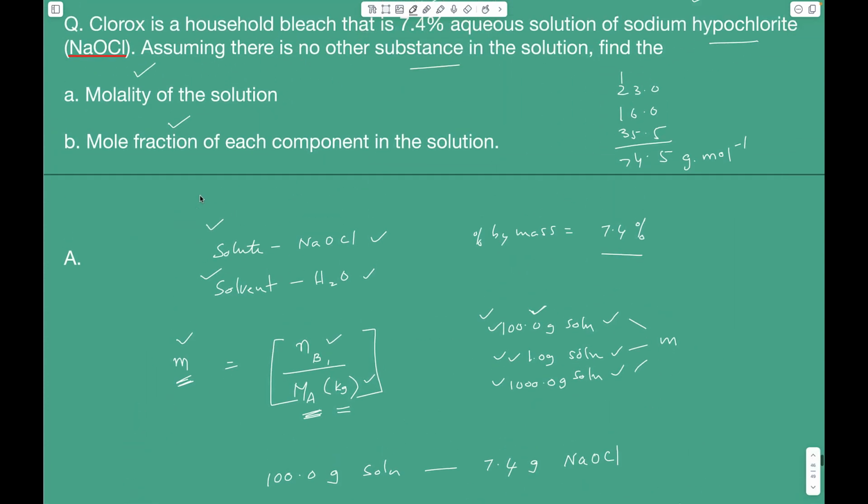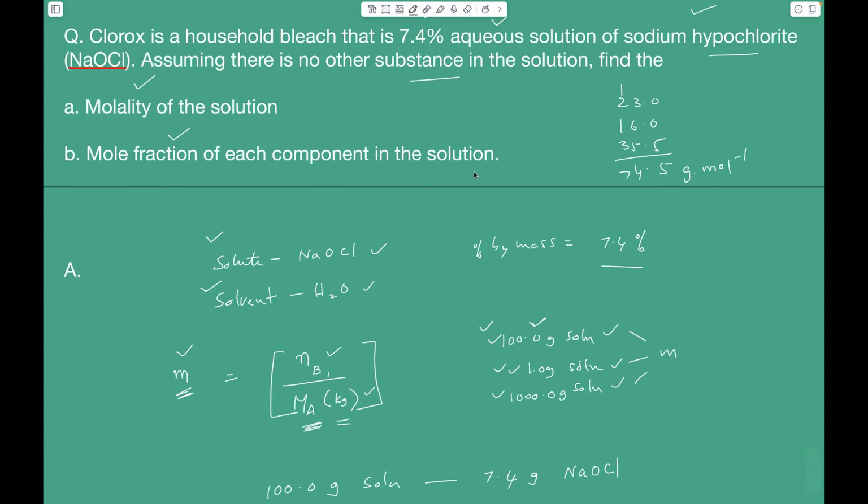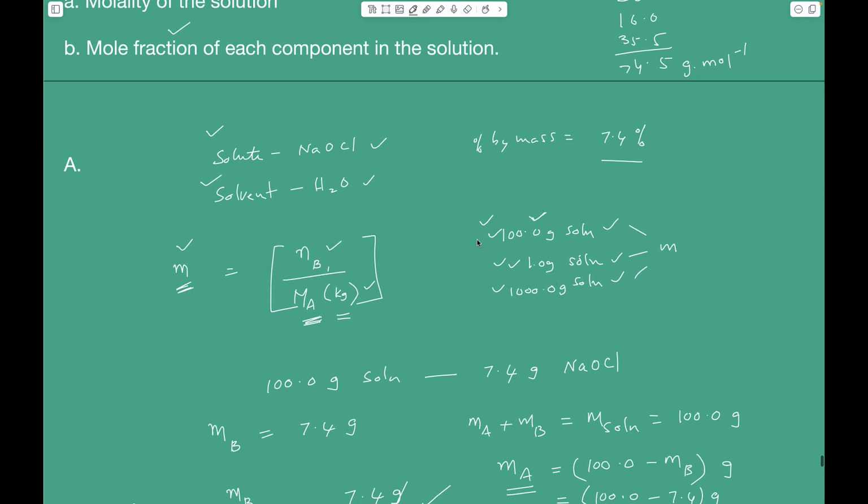Now what about mole fraction of each component in the solution, that is mole fraction of solute and the solvent? See, because solution is a homogeneous mixture, the mole fraction of a component in a solution is also independent of the amount of solution taken.